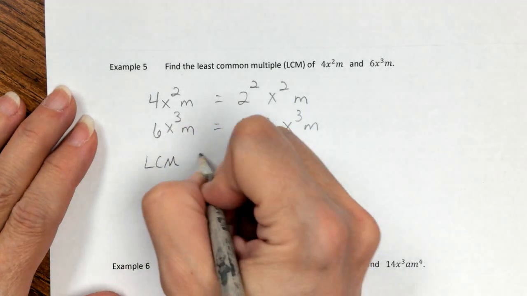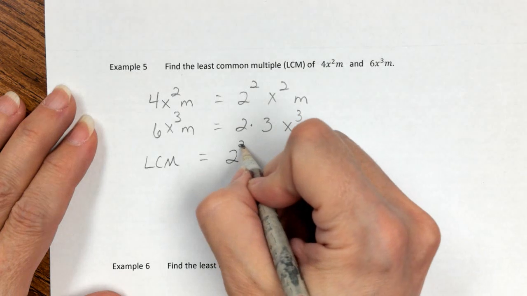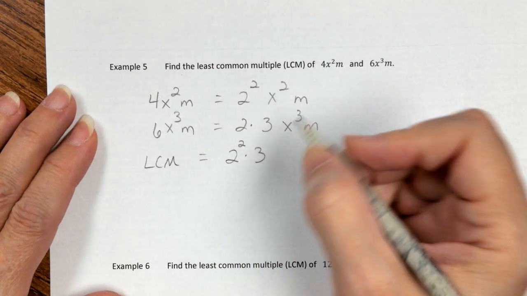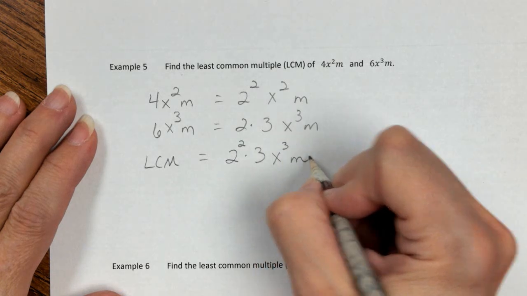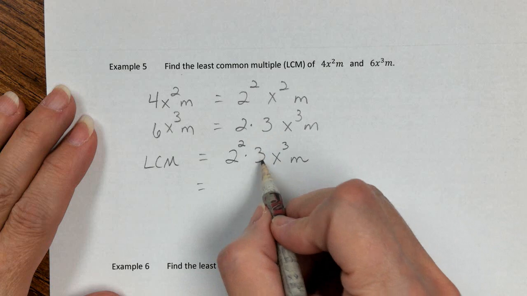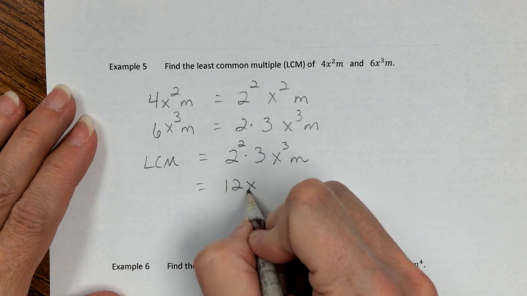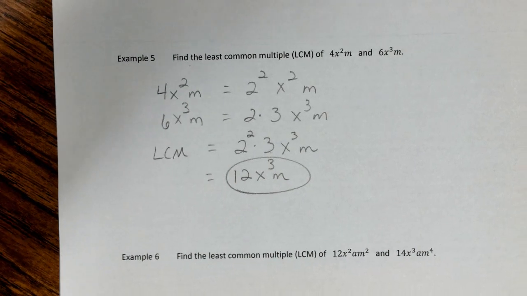The LCM, okay, so we have 2 with its highest exponent times 3 times x with its highest exponent times m. 2 squared is 4. 4 times 3 is 12, so it's 12x to the third m. And we have 1 left.